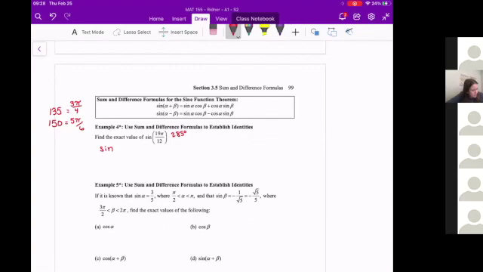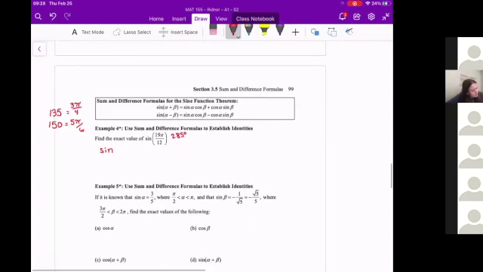So sine of, and I'm going to be adding, so order doesn't really matter. If it were subtraction, order does matter.